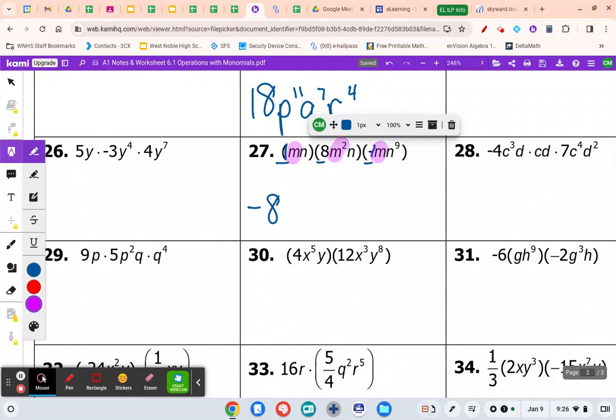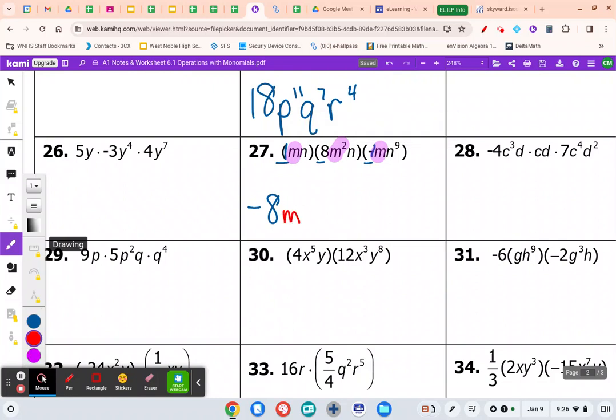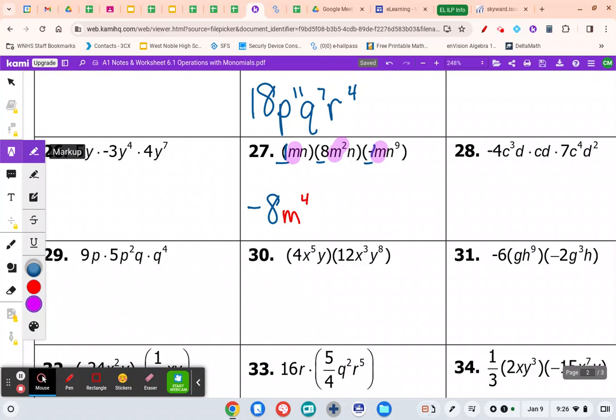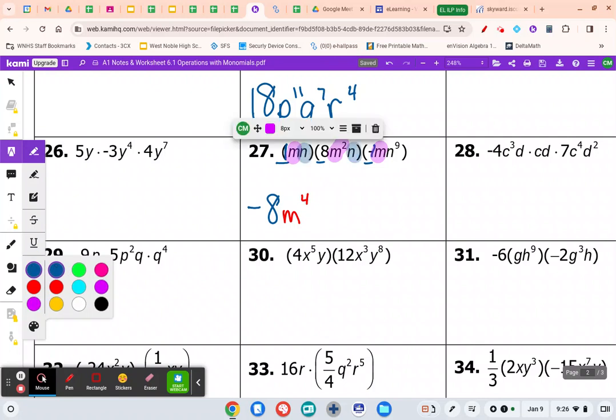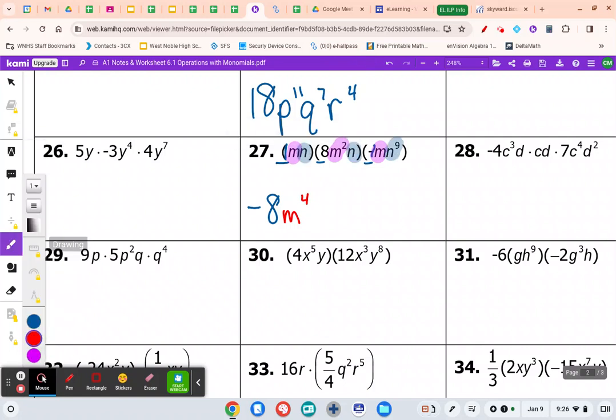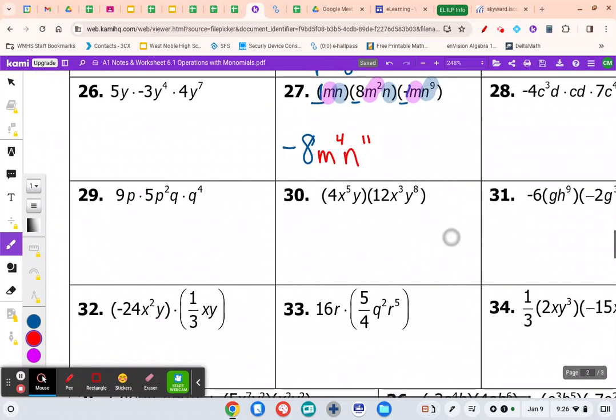So this gives us m to the 4th. And then we have n's. N to the first, and n to the 9th, which will end up giving us n to the 11th. All right, keep moving forward.